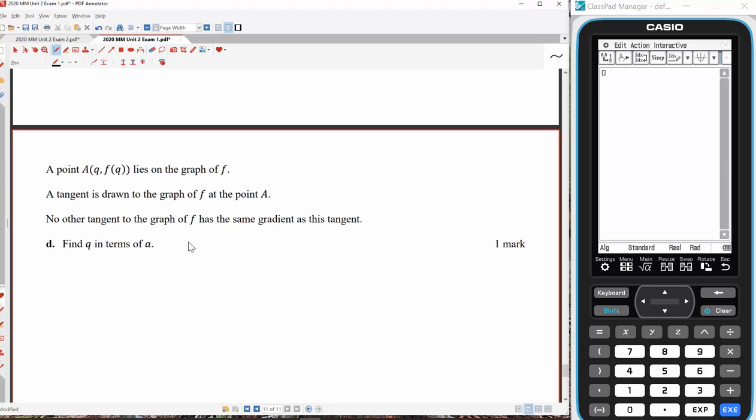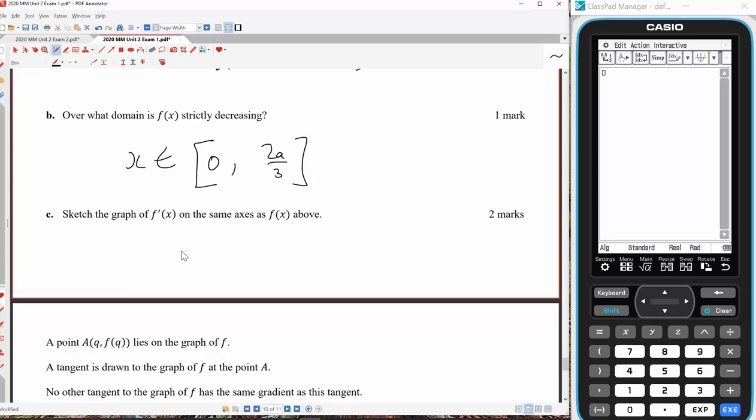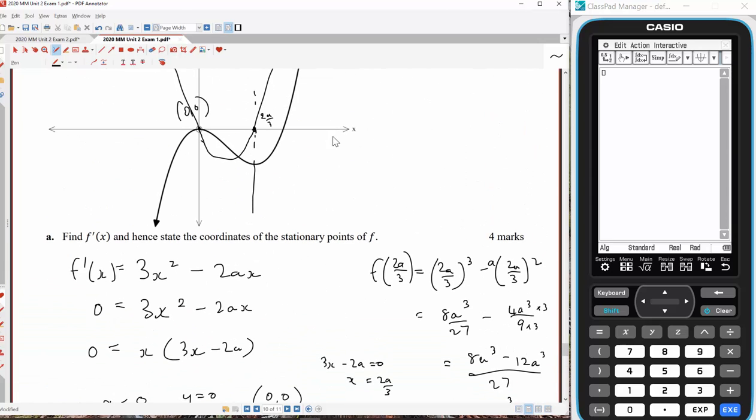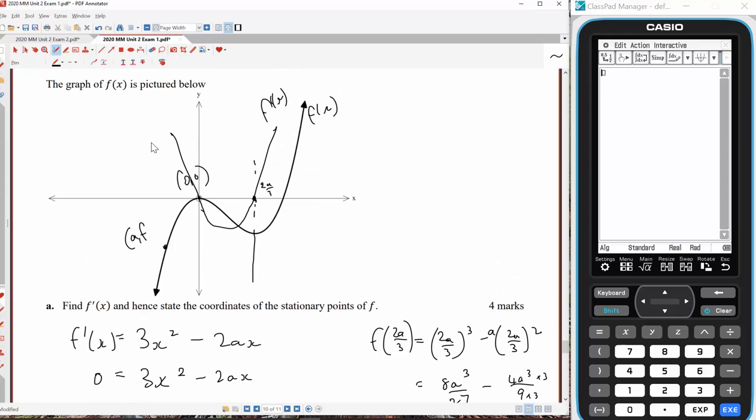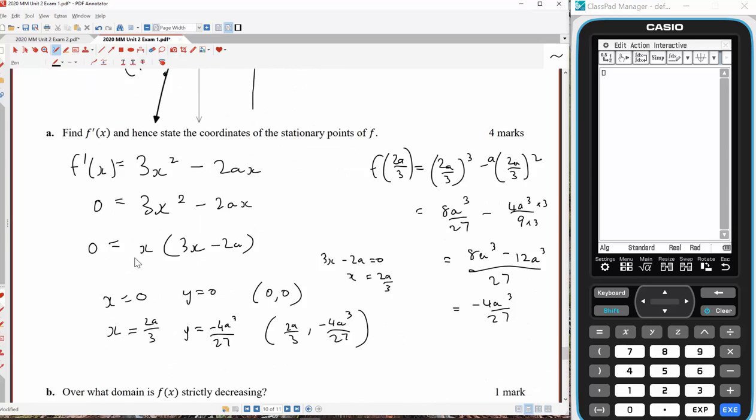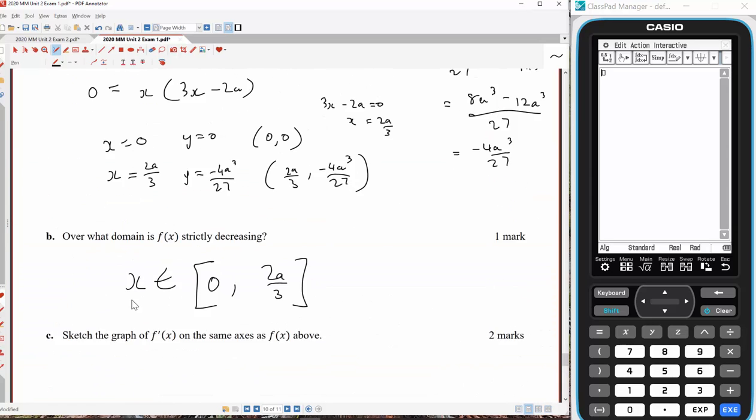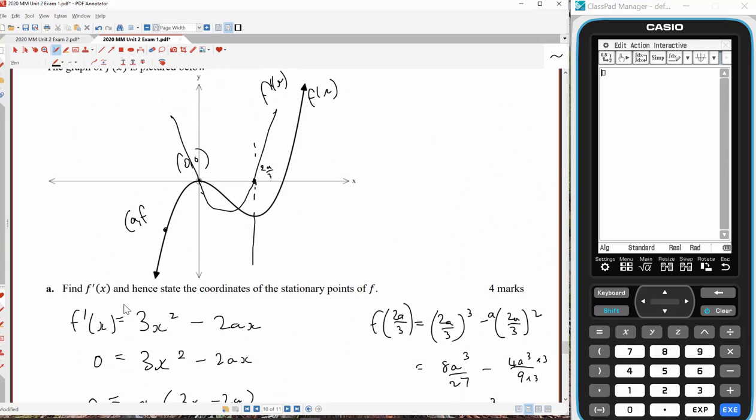Find Q in terms of a. All right, so basically what that's saying is we're choosing a point along this, which is A, f of A. Or I think it was a Q. Yeah, Q, sorry. So Q comma f of Q.